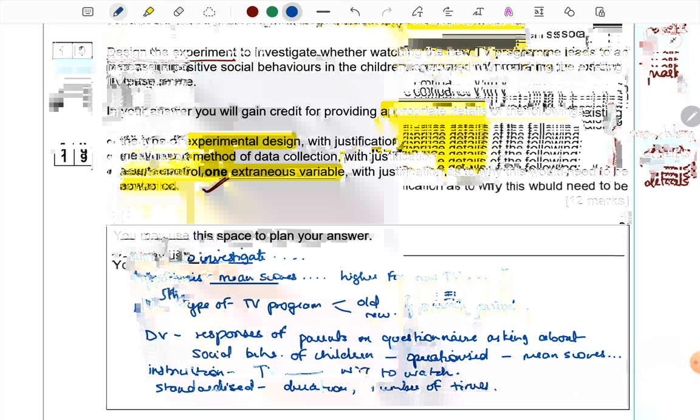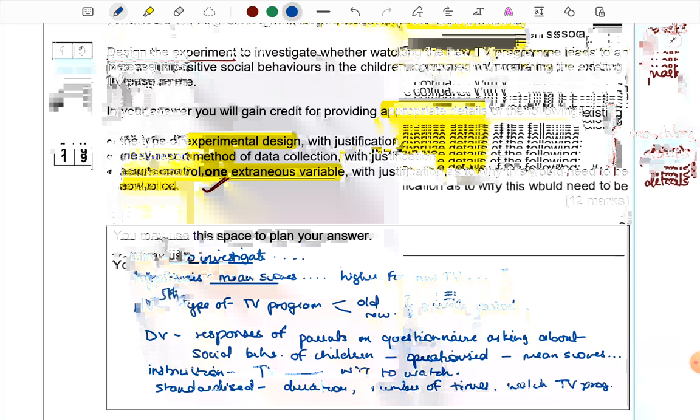And we can request parents to make sure in either group that they watch the entire program. So we make sure that every child is watching the entire program and not shifting away here and there while the program is on. So there should be no inconsistency in how or how much the children are watching the program. That would count for standardization.